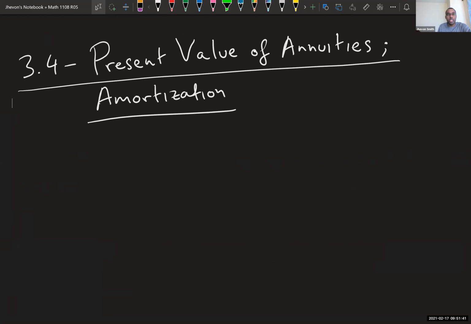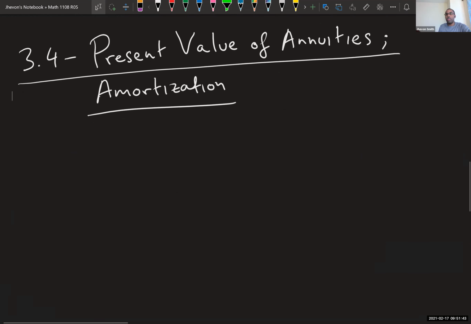So just to explain the idea, it's almost the opposite of what we had before. What we've been talking about recently is, okay, I have some future value in mind. What payments do I need to make in order to achieve that future value? However, there's another question we could ask.